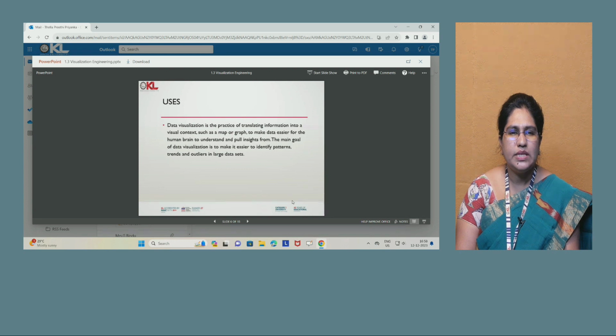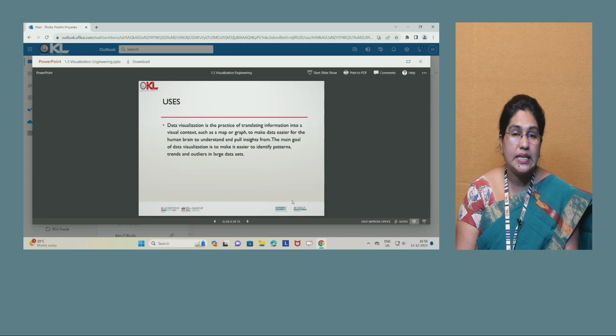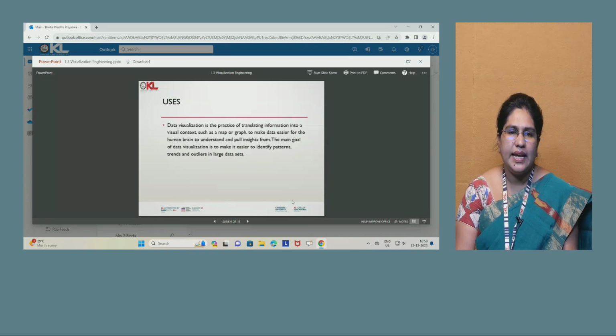So what are the uses of data visualization? The practice translates information into visual content like graphs.